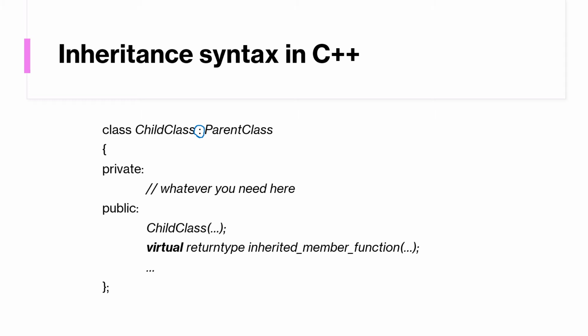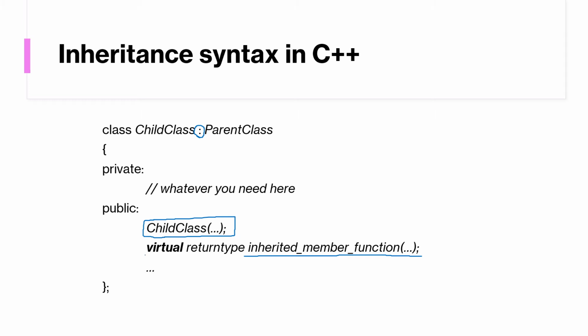The child class is going to have its own constructor here, but then it's going to have an inherited member function, at least one member function that it inherits from the parent class, like drive in the case of our vehicle class that we've been talking about.